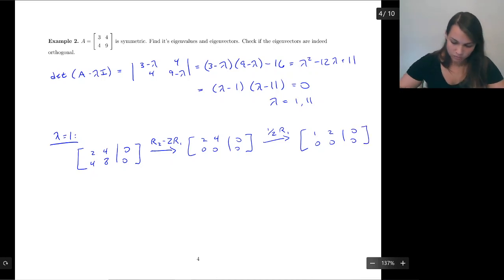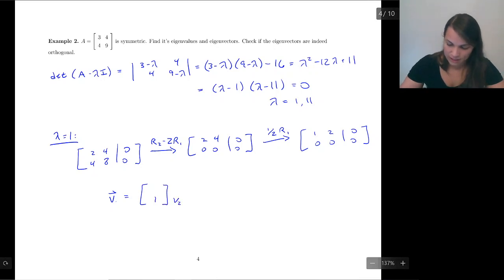Okay, so then our solution is going to be V, which is equal to V1, V2, where V2 is going to be free.